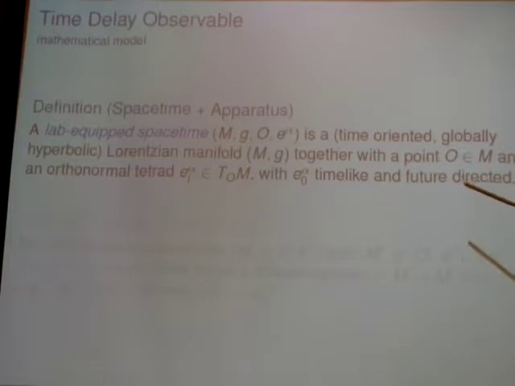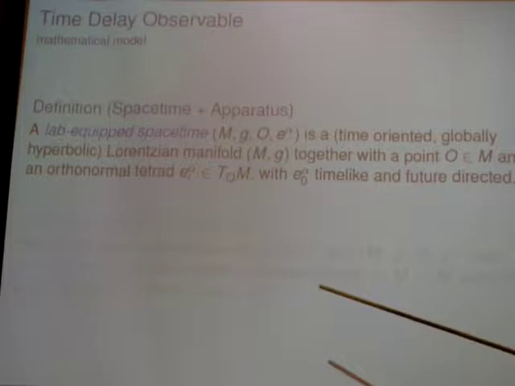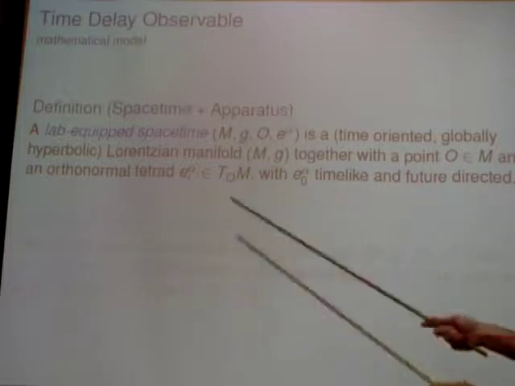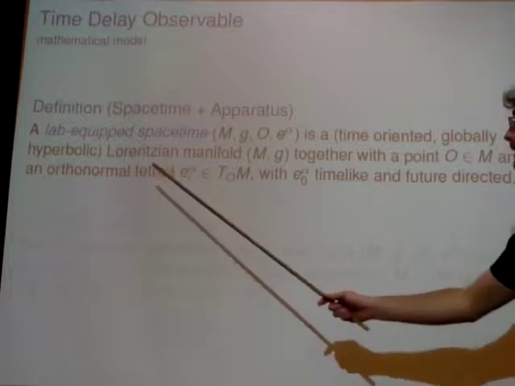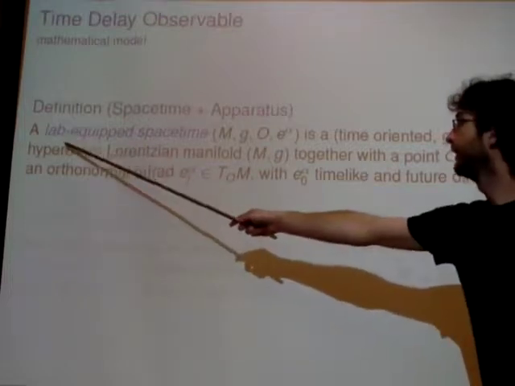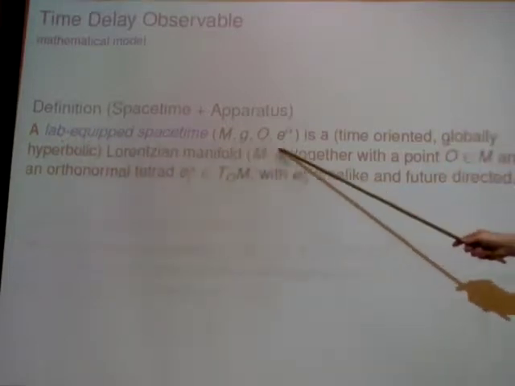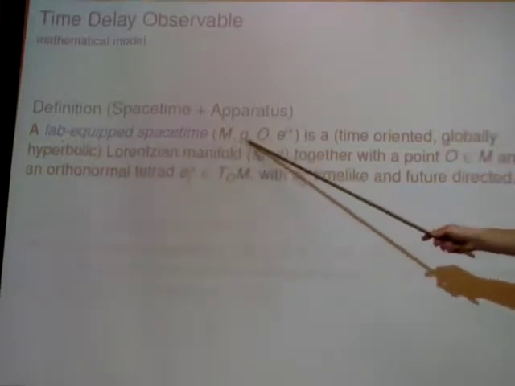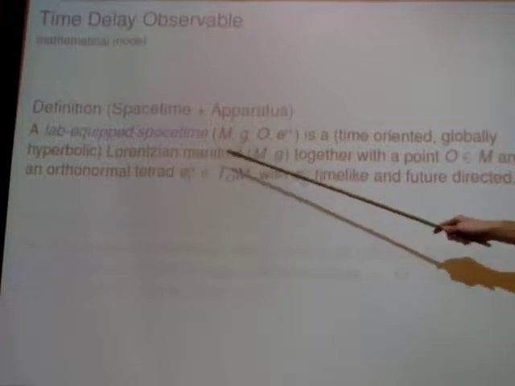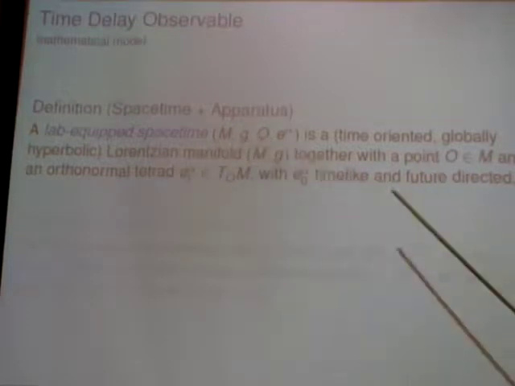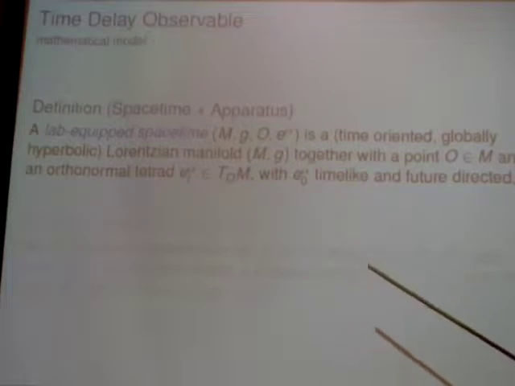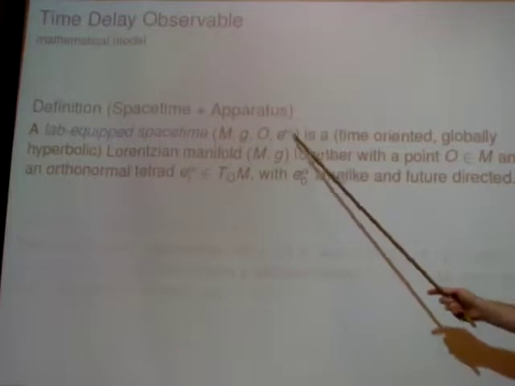Okay, so let me just quickly run through the argument that shows that the time delay is gauge invariant. First, I need to define precisely what I mean by a system with gravitational and laboratory degrees of freedom. I introduce a concept I call a lab-equipped spacetime, which consists of this tuple: a manifold, a Lorentzian metric on it with some technical conditions, a special point, which corresponds to the ejection of the probe, and a tetrad.